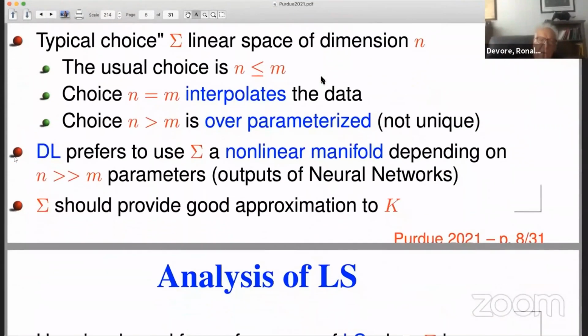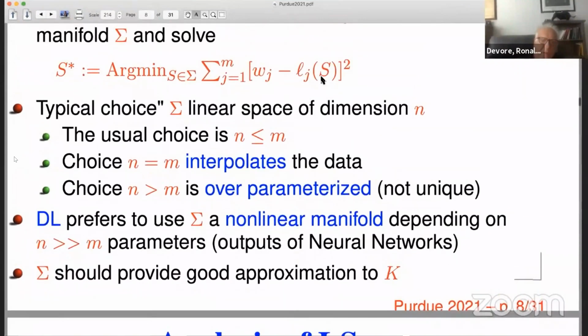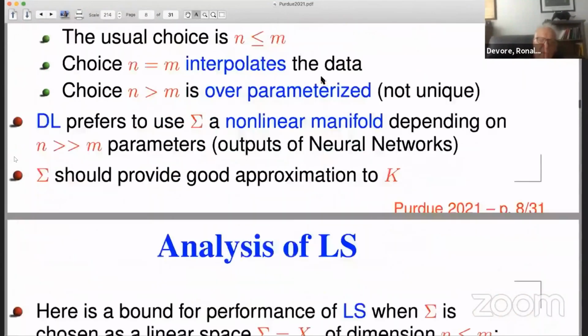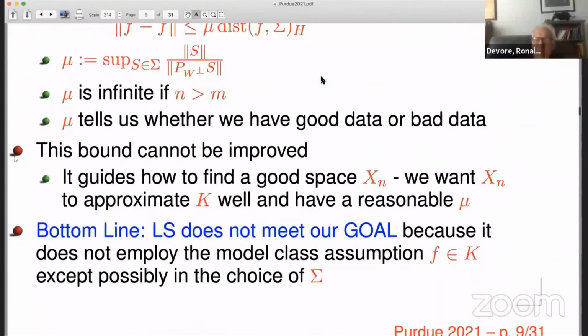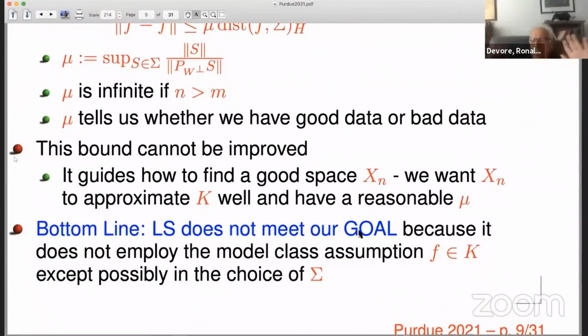Now, first I want to tell you that least squares absolutely does not meet our goal. If you try to analyze least squares and say, okay, I pick a space sigma and I do least squares, can I prove anything about the function that I've created, f hat, matching my goal of being an optimal or near optimal algorithm for learning, in terms of giving me an error that's close to the best error I can achieve, which I discussed on the earlier slides?